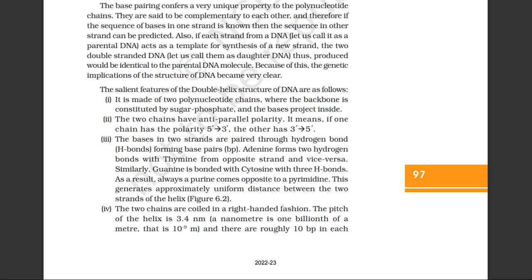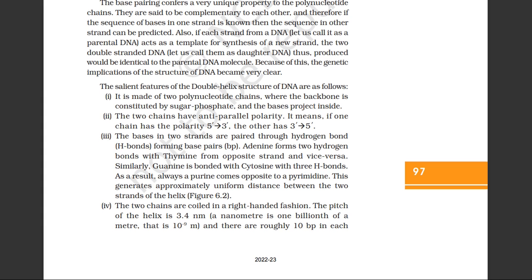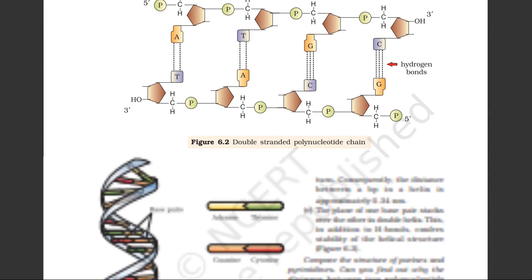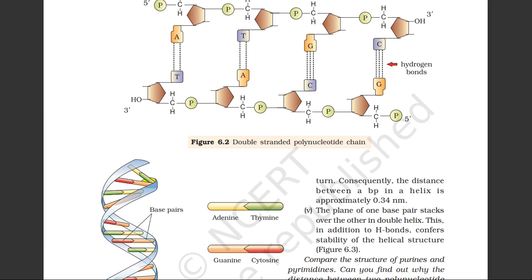4. The two chains are coiled in a right-handed fashion. The pitch of the helix is 3.4 nanometers. A nanometer is one billionth of a meter, that is 10 to the power minus 9 meters, and there are roughly 10 BP in each turn. Consequently, the distance between a BP in a helix is approximately 0.34 nanometer.